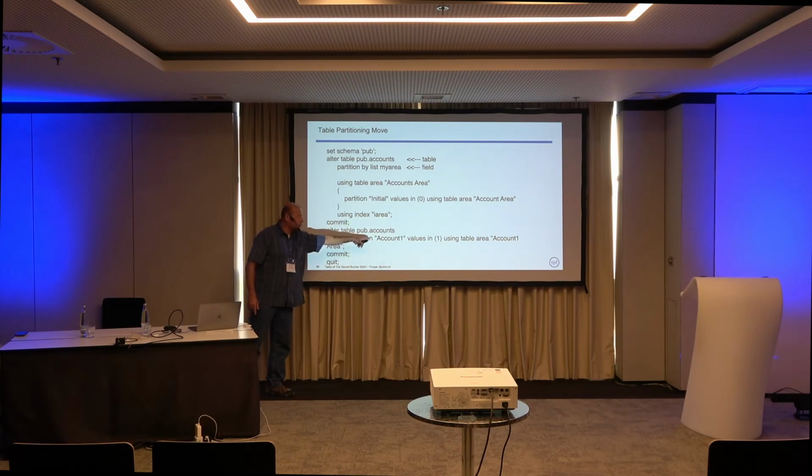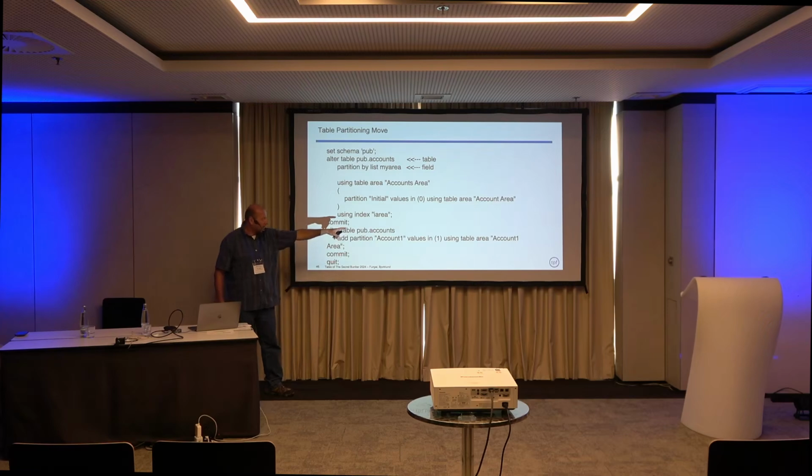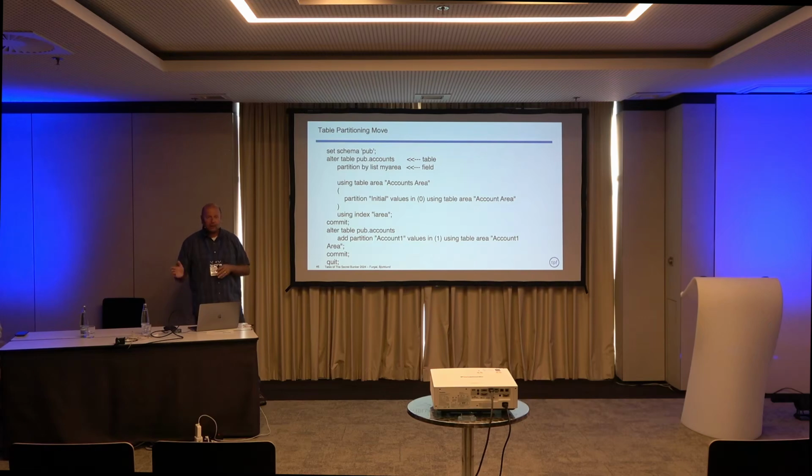This could be foo and storage area account 1. That storage area, what you're putting there, has to match the storage area. Do this, and now you have table partitioning in place, and now you can set the value of my area to 1, and all of a sudden that row is going to be deleted from the account area and copied over to the account 1 area.